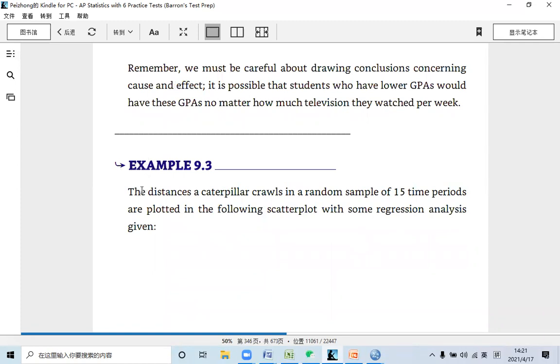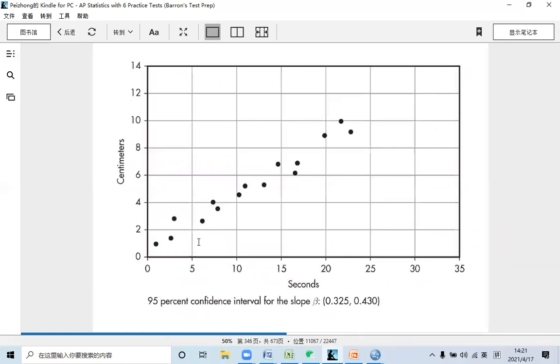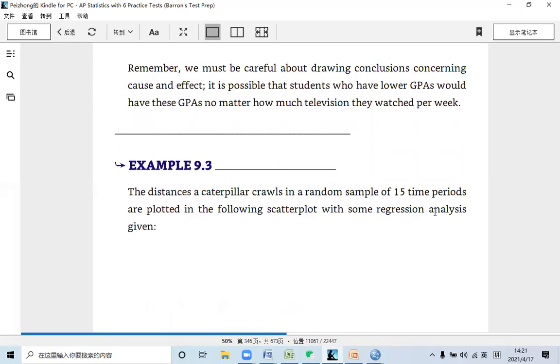Look at this one. Distance a caterpillar crawls in a random sample of 15 time periods are plotted. Seconds and centimeters distance, 15 time periods.